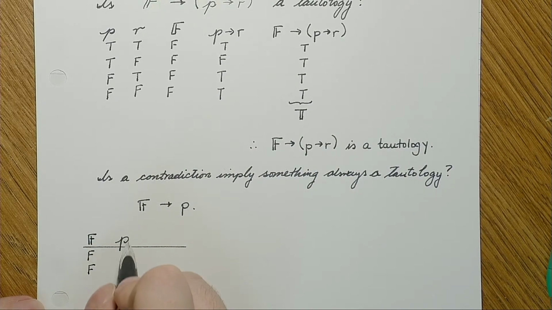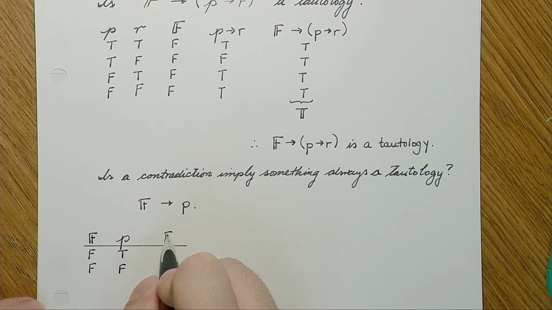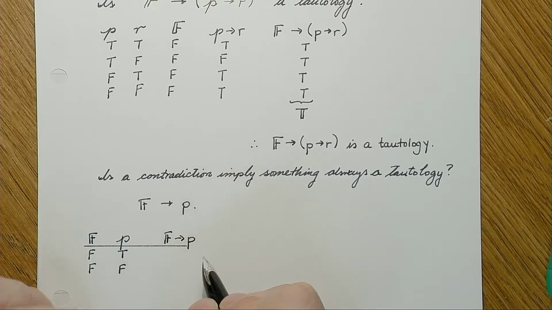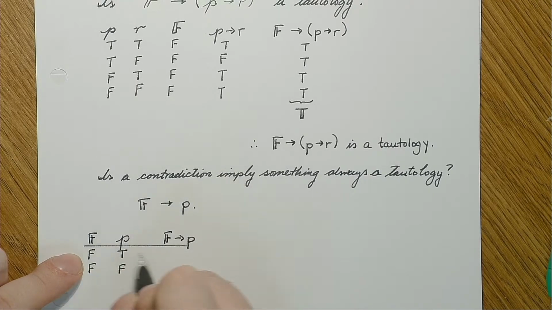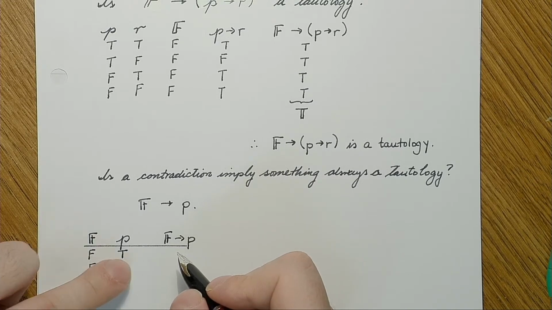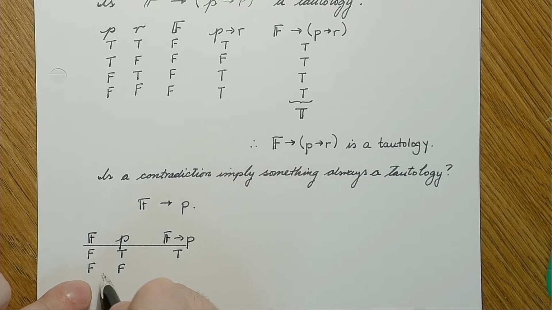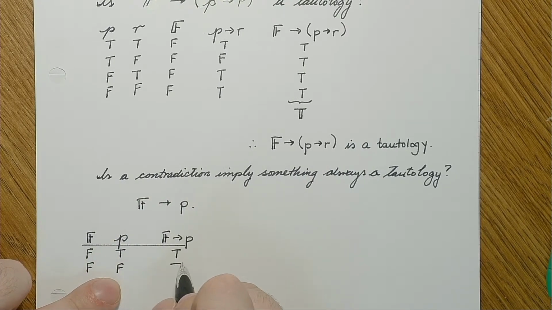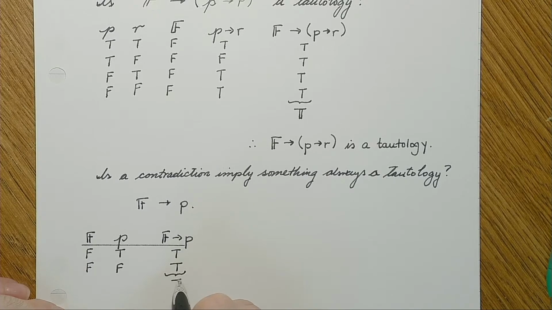And over here I have my P, which is true or false. And doing my implication, I get false implies true. So I didn't step in poison ivy, but I got a rash. This is true. And I didn't step in poison ivy, but I didn't get a rash. This is also true. So this is a tautology.